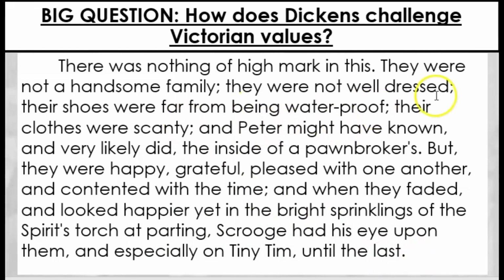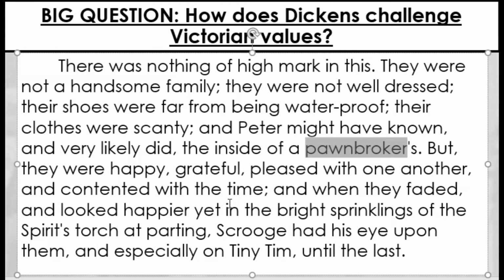We're being told that they are a very poor family. They're not well dressed. But nevertheless, even though they have very little, scant means very little, so their clothes are scanty, they don't have much. And we're being told that at some point the children have been inside pawnbrokers. A pawnbroker shop is a bit like a cash converter, where if you haven't got enough money, you can take your possessions and get money for them, and eventually, hopefully, buy them back again if you make enough money.